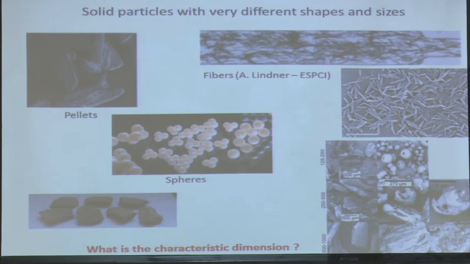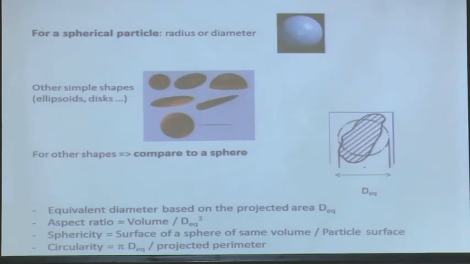So the idea is to use these forces that we know on spheres, and adapt that to particles of different shapes. And for that, we have to compare how far the real shape of the particle is from a sphere. This is based on different criteria, like the aspect ratio, sphericity, circularity.